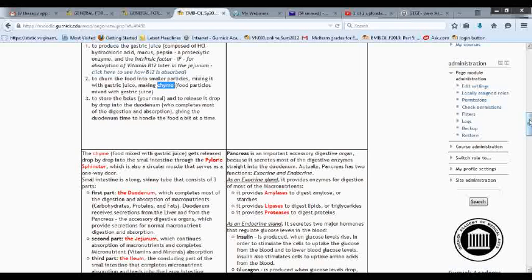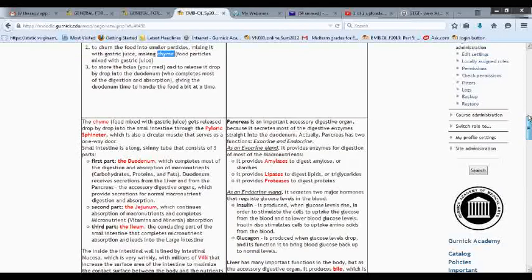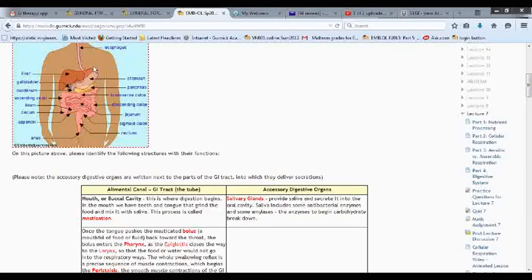So most of the digestion happens in the small intestine. If you look at the stomach, I'm going to go back to the picture of the stomach. If this is the stomach, it has a sphincter at the top, the esophageal sphincter, that prevents the food from backing up into the esophagus.